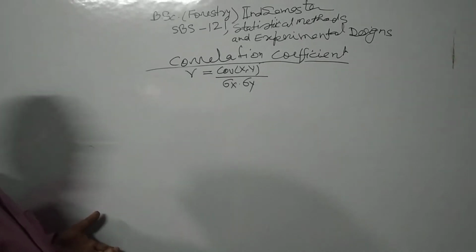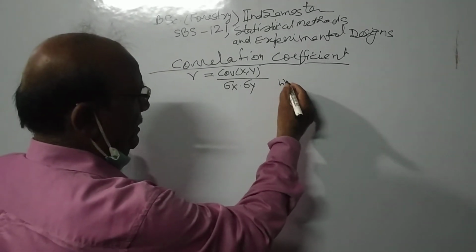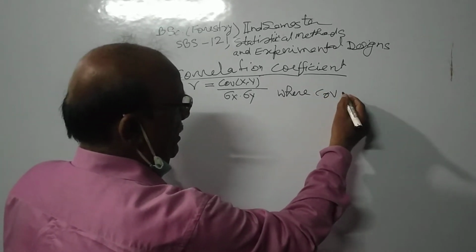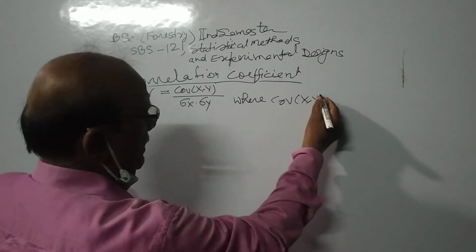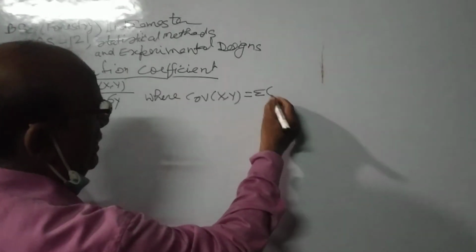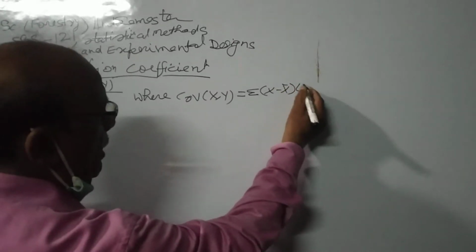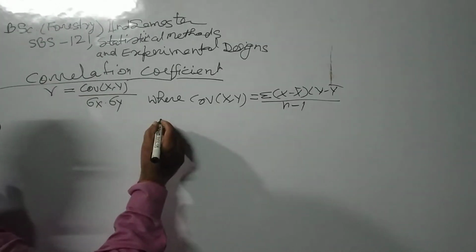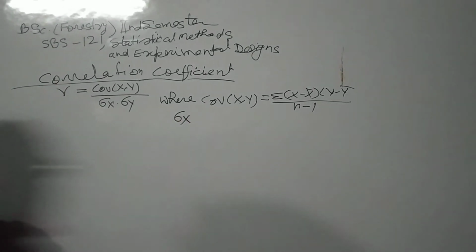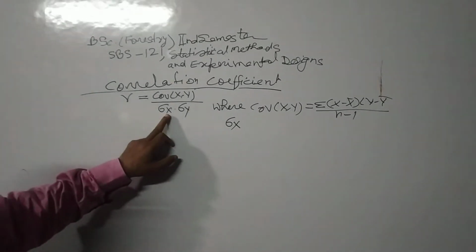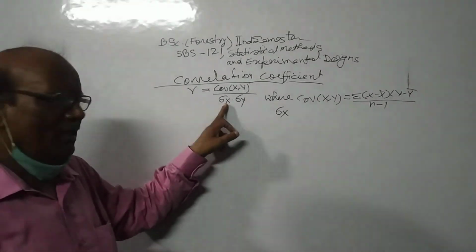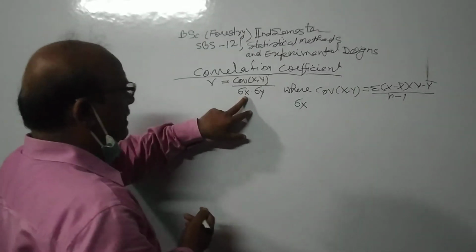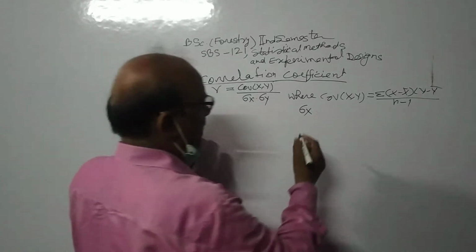And what is the covariance? Covariance of xy is equal to summation of x minus x bar into y minus y bar, divided by n minus 1. The second term is the standard deviation of variable x and the standard deviation of variable y.